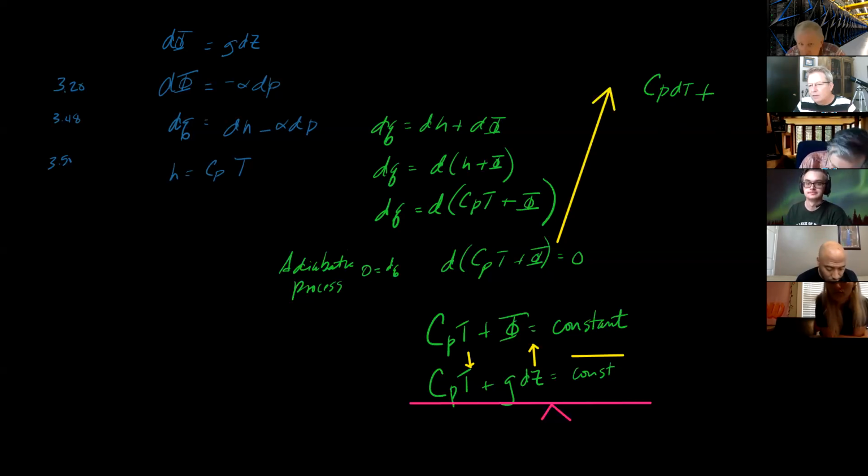It's d phi, so it's d of CpT plus d phi, but d phi is g dz, so I don't want the d in front of this stuff. Now I get Cp dT plus g dz equals 0.